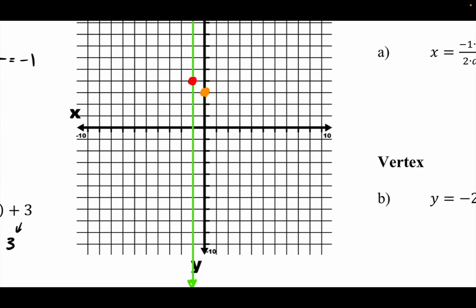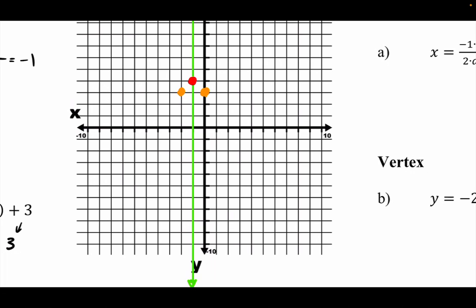Reflection. If I have one dot on the right, I got to have it on the left, same spot, right? So another dot's going to be right there. Connect the dots. Is it going to be arrows up or arrows down?